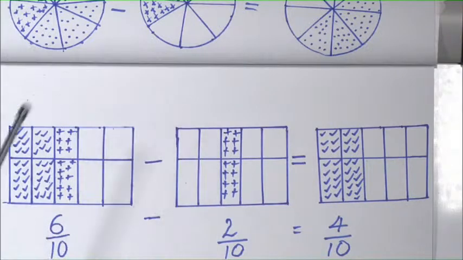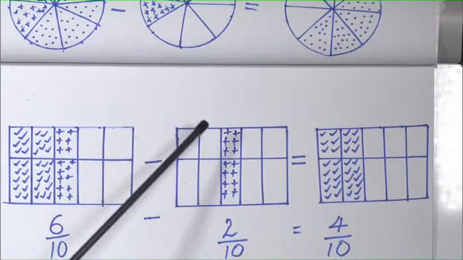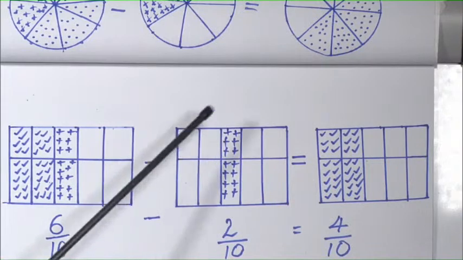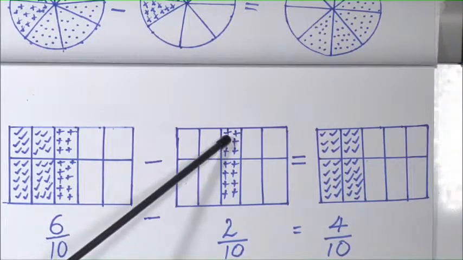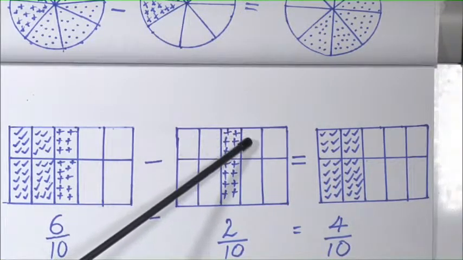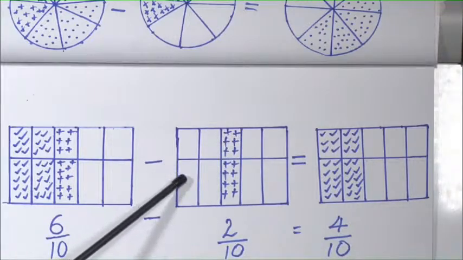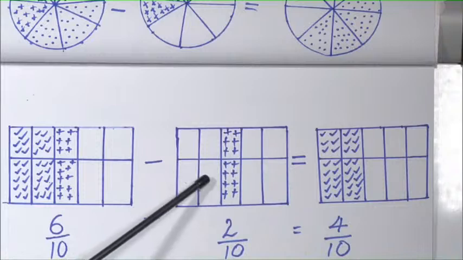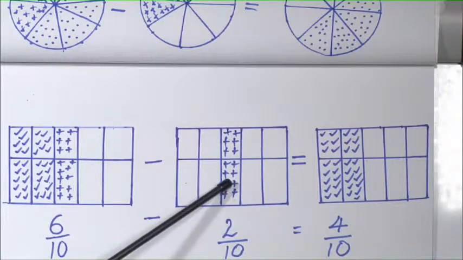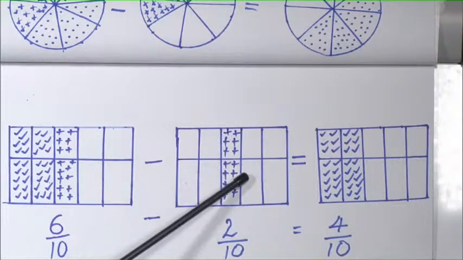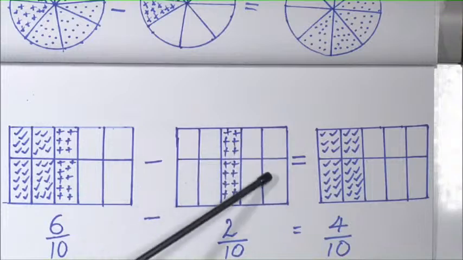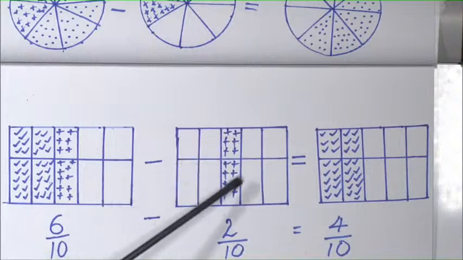Let's look at this rectangle. How many parts do we have in it? 1, 2, 3, 4, 5, 6, 7, 8, 9, 10. We have 10 equal parts.